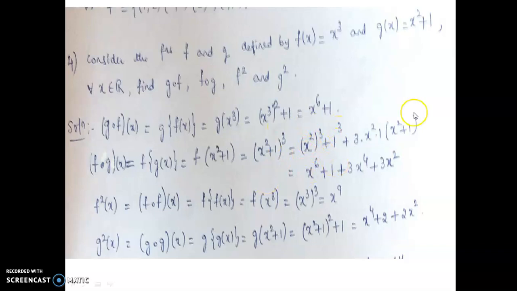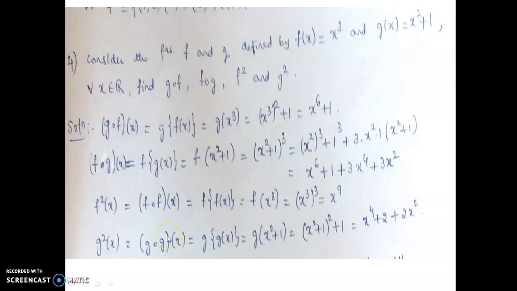Expanding, this comes to be x raised to 6 plus 3 x raised to 4 plus 3 x square plus 1. So if you simplify, this is the answer.